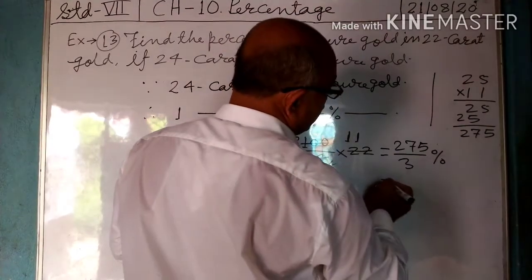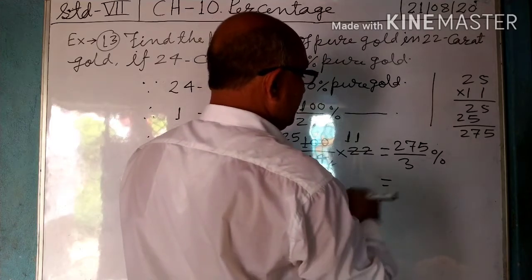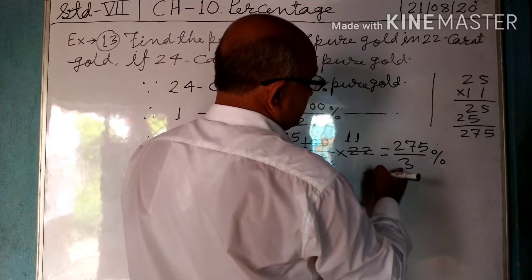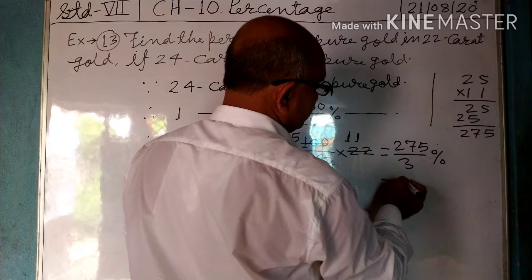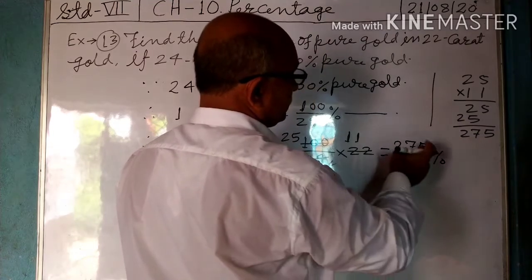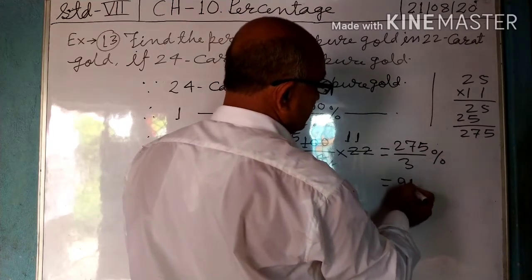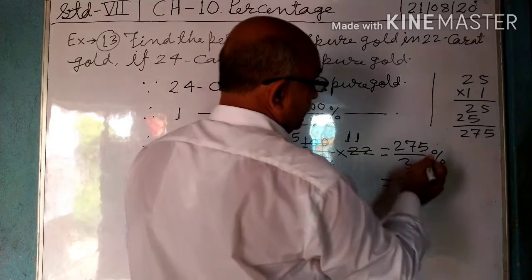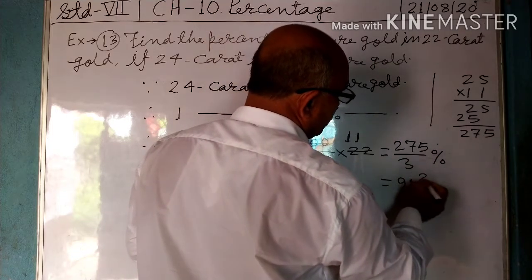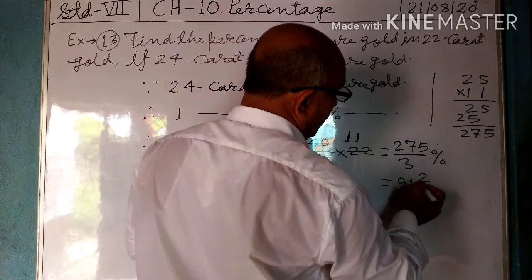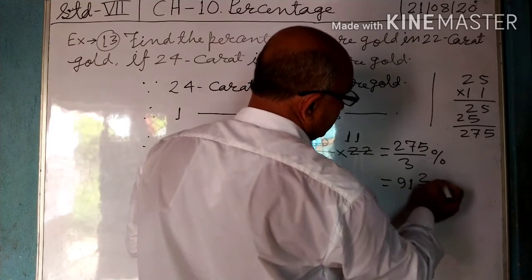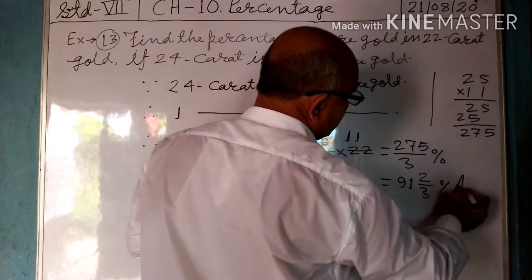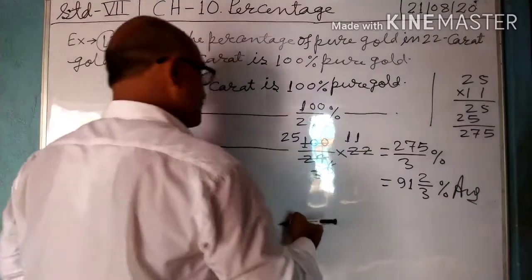Now it is changed into a mixed fraction. 3 nines are 27, and 3 ones are 3. 5 minus 3 is 2. So 91 whole 2 by 3%. Answer of this question.